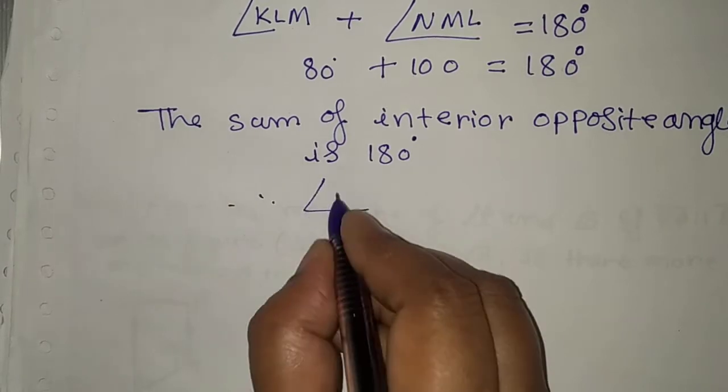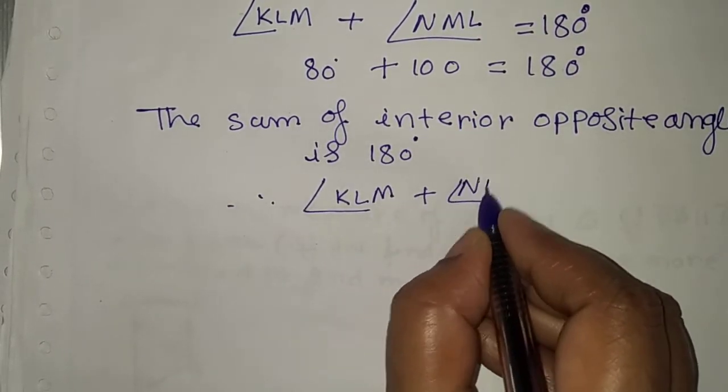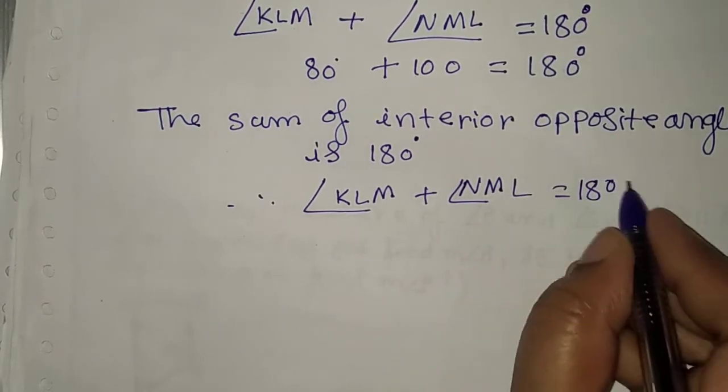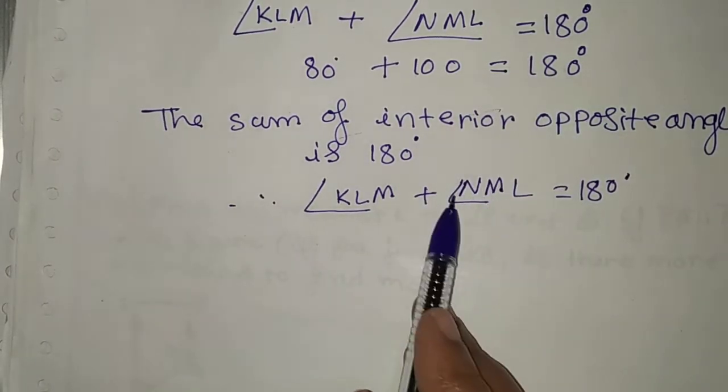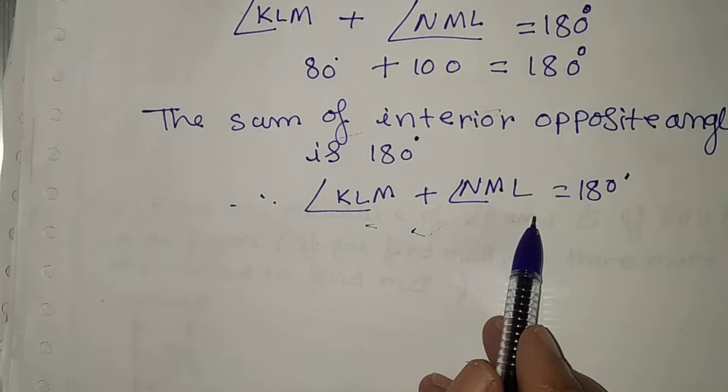Therefore angle KLM plus angle NML is equal to 180. So I have written here only the same thing. We have to write it in one statement, and this is the solution.